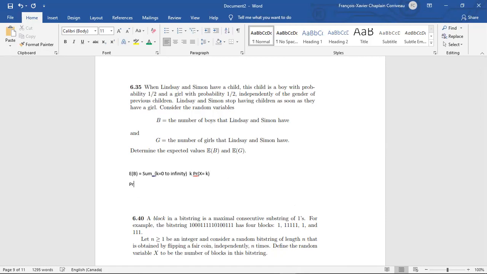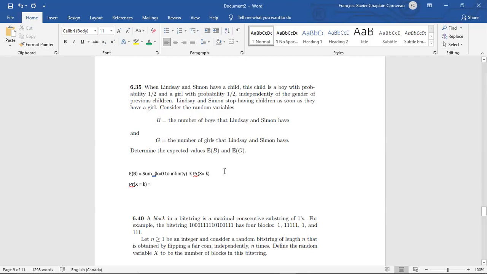Now the hard part is usually to deal with this probability part. But in this case, it's not that tricky. It's something that we've done repeatedly. So what is the probability that B is equal to k? If I have exactly k boys, what needed to happen?